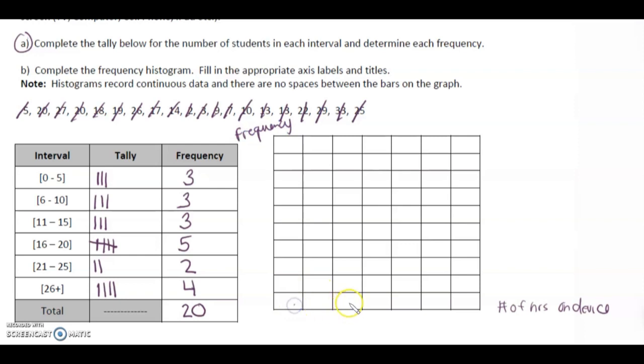Okay, so we have 7 boxes. We have 6 intervals. I usually leave the first one. So this is going to be 0 to 5. We can make the interval like that if we want, or we can put 0 to 5. Okay, and do 6 to 10, 11 to 15, 16 to 20, 21 to 25, and then 26 plus.